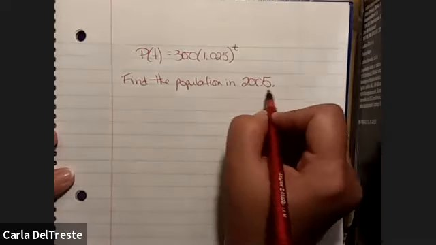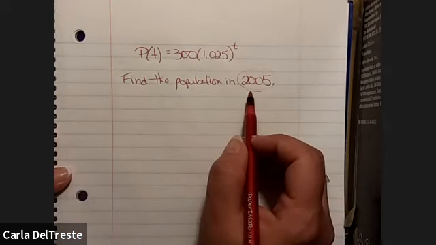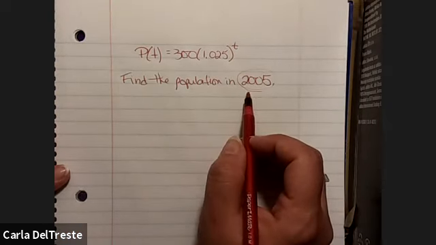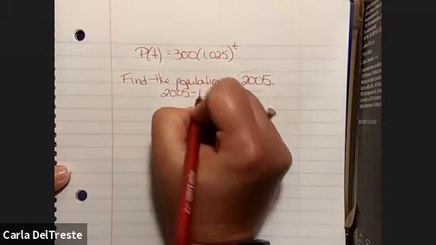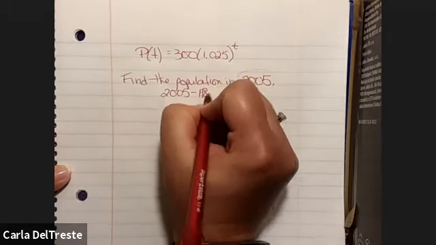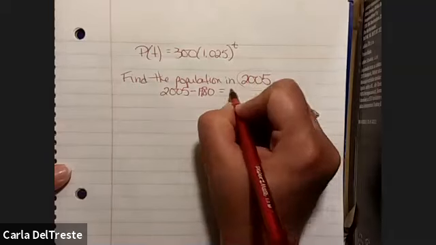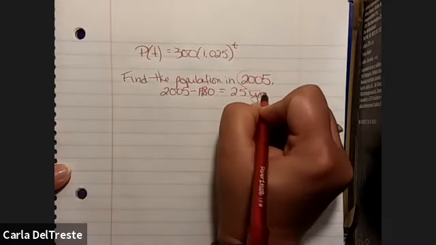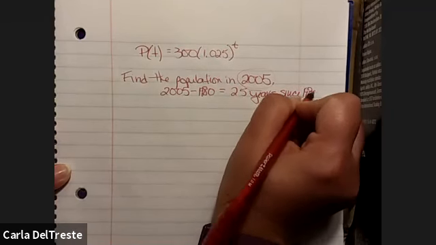Well, first things first, I need to know what they're giving me here. They're giving me a year, so I know that that's input, but I need to figure out how many years after 1980 this is. So I have to know what 2005 minus 1980 is, because that's my starting year. So this is 25 years since 1980.